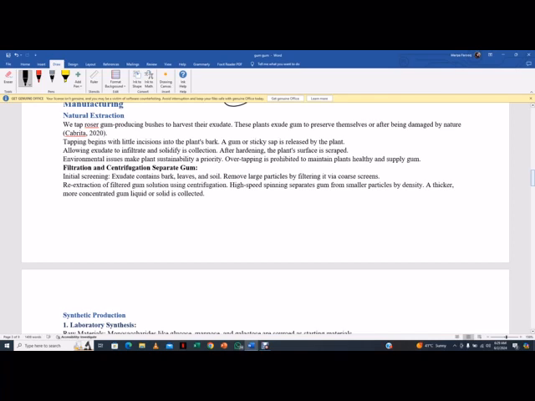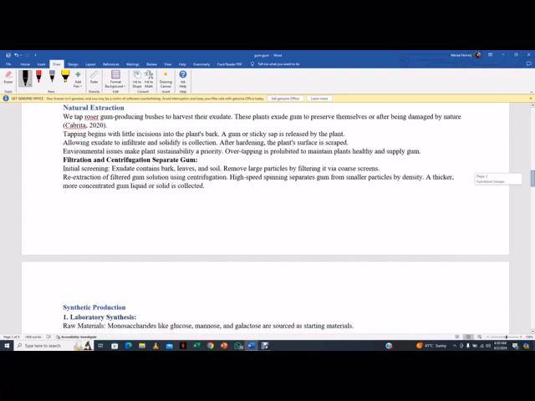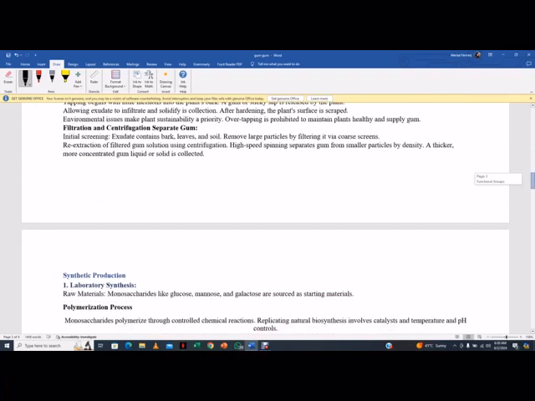Filtration removes the large debris, while centrifugation separates the finer impurities based on density differences. The next most important step is environmental consideration, because it plays a very crucial part in ensuring the sustainability of the plant.